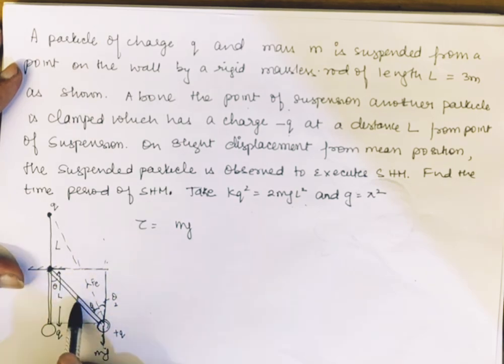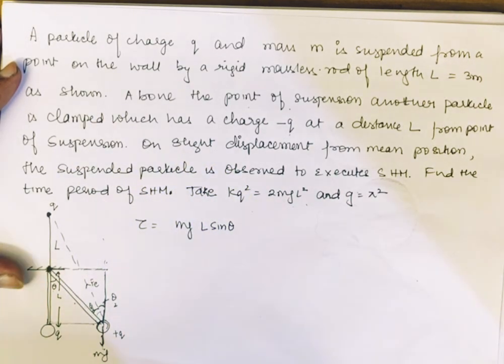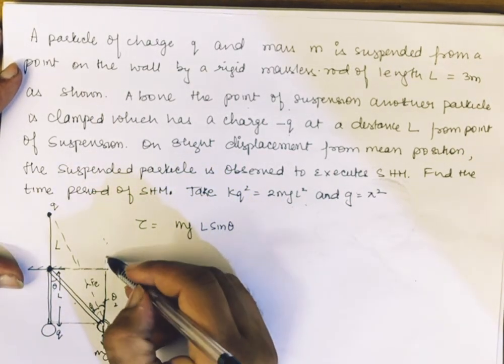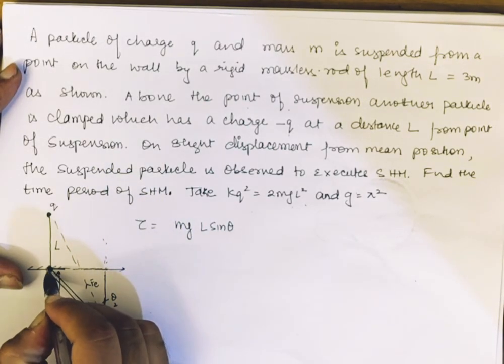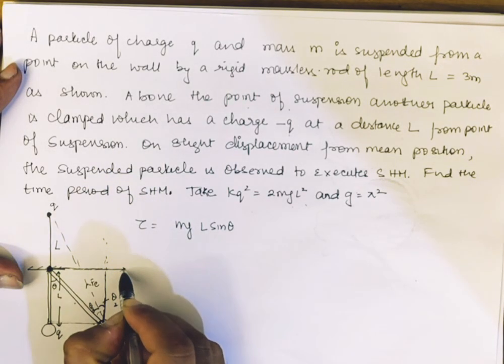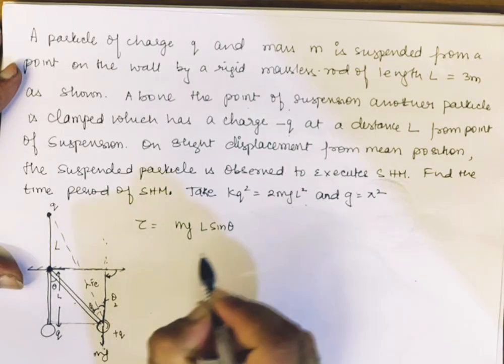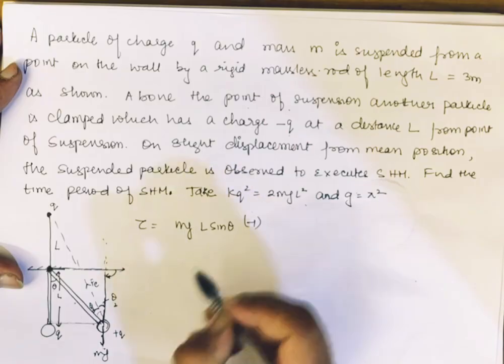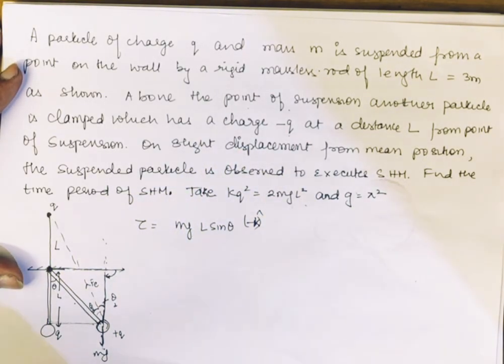So this is L, this is theta, this is L sine theta. Now let's see the direction also. This was the line of action of mg. This was the r. R vector always comes from the hinged point. Then you do r cross F. R goes into F, which is clockwise. So clockwise means negative. I can take a minus sign. You can also write, for the time being, k cap.